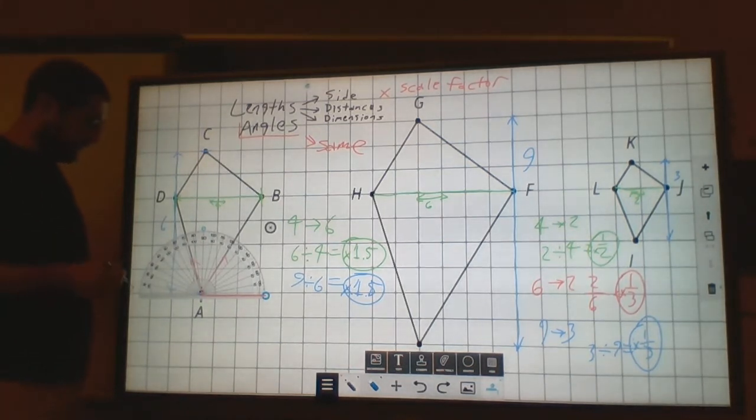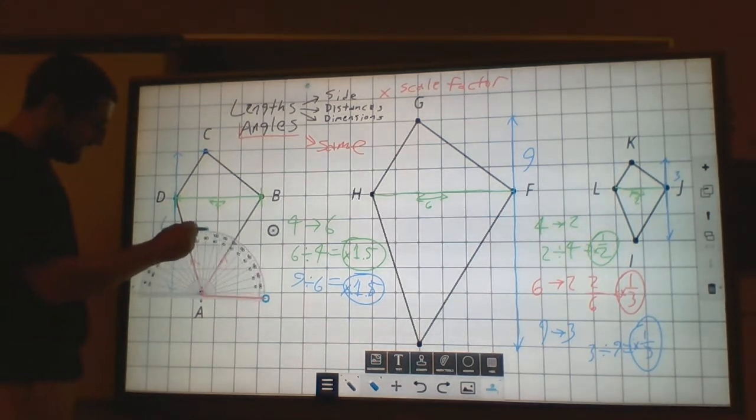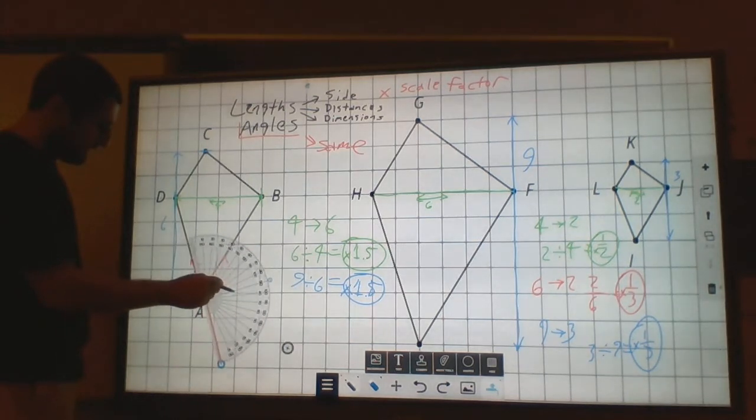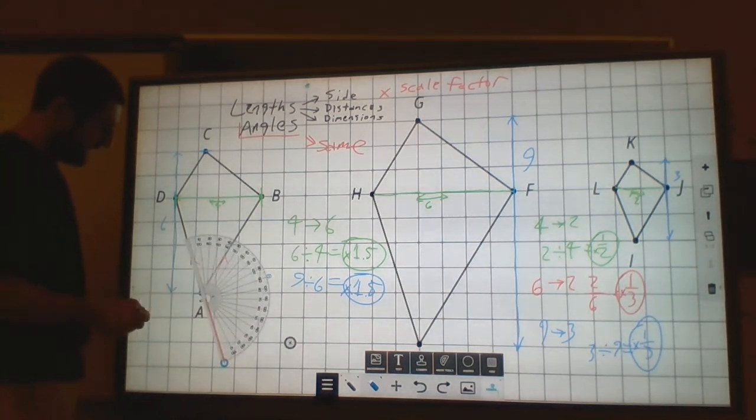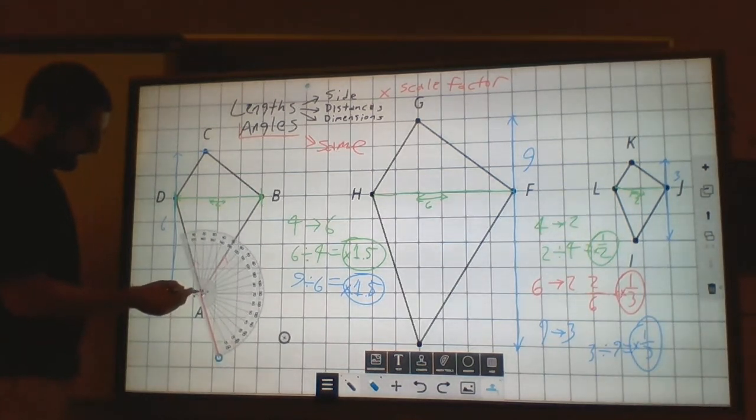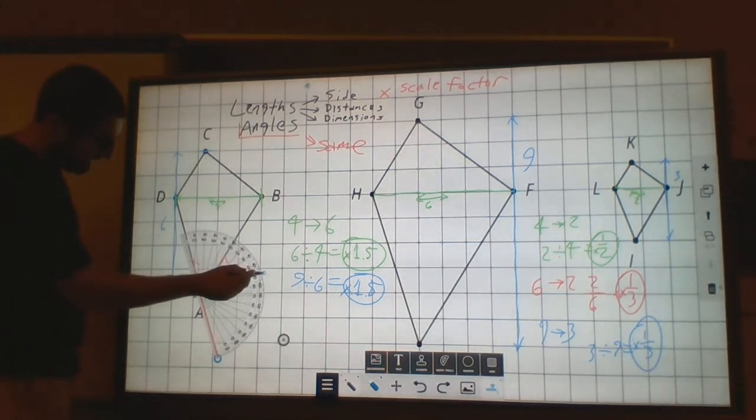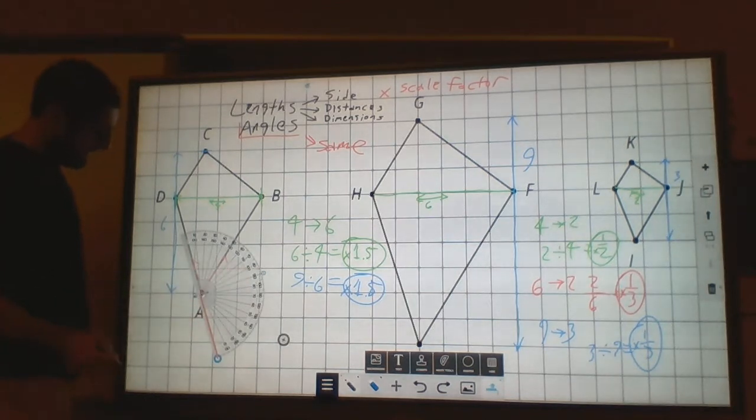Now, if I want to measure its rotational angle, my first step is going to be to stick the vertex right in that hole in the middle, which I did already. My second step is to turn my protractor so that the straight edge is lined up perfectly with one of the legs of my angle.